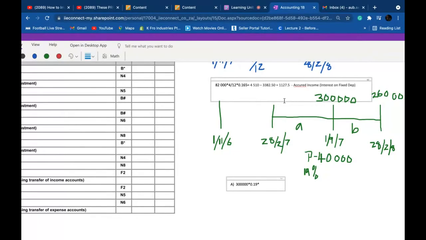March, April, May, June, July, and August. Yes, you're right, Callum. It's 6. Why is it 6? Because can you see this is the 1st of September. So we do include the whole of August, but we don't include September. So I see now what I was doing wrong. I was including September as well. So thank you for that. So 6/12.